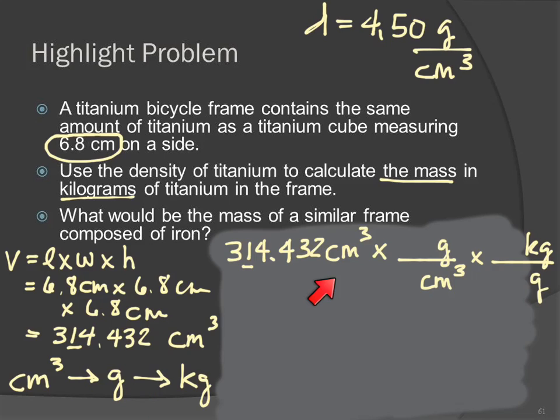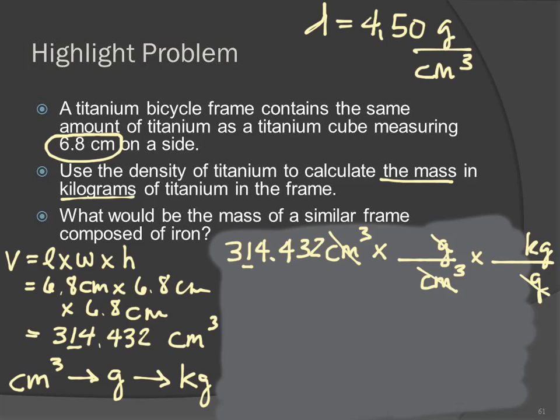And so in our equation we want cubic centimeters to grams to kilograms. I put centimeters cubed down here because I want them to cancel out with that one. I want those to cancel, and I want grams to cancel grams. Have all the units in there first, and then go put numbers in.